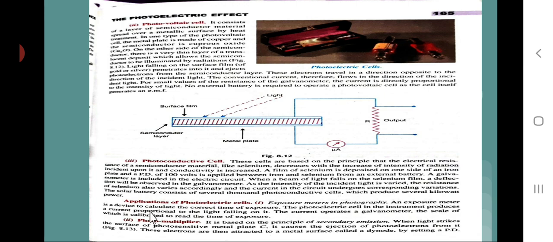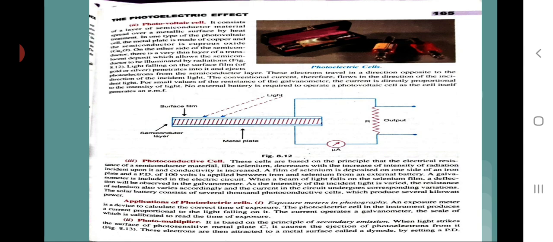And the last article of this topic is applications of photoelectric cells. Now, the first application is exposure meters in photography. An exposure meter is a device to calculate the correct time of exposure. The photoelectric cell in the instrument produces a current proportional to the light falling on it.